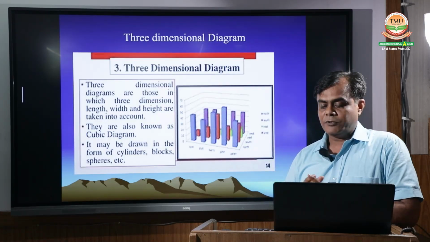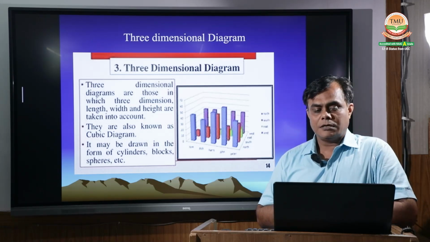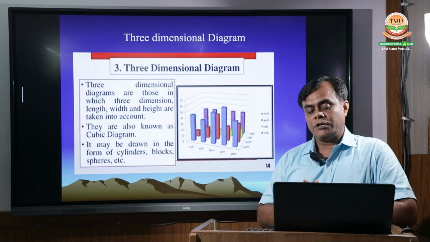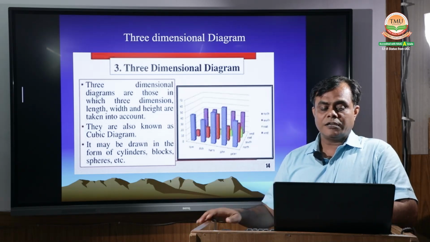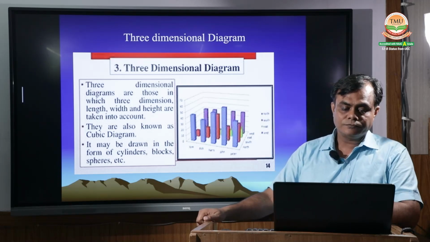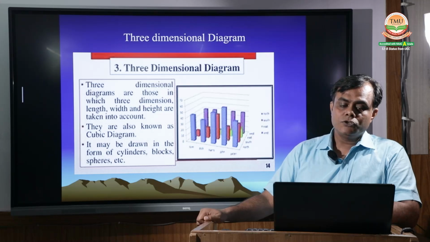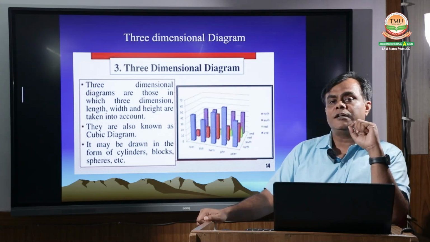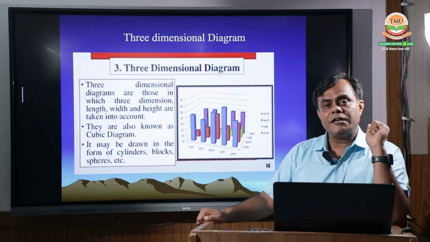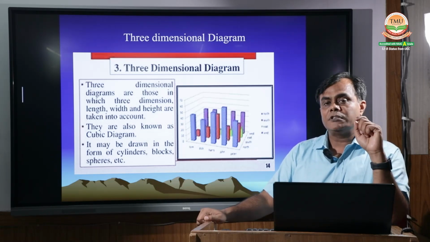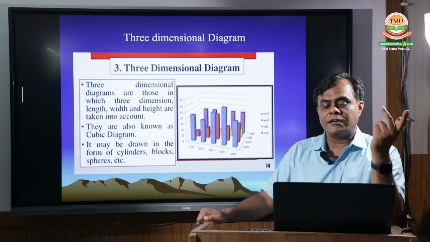In the three-dimensional diagram, here you can see a bar chart, and this bar chart looks three-dimensional, because you can gather three things from it: length, width and height. Simply, if only length is given in the diagram, that is called a one-dimension diagram. If length and width are given, that is called two-dimension, because length and width are in that diagram.